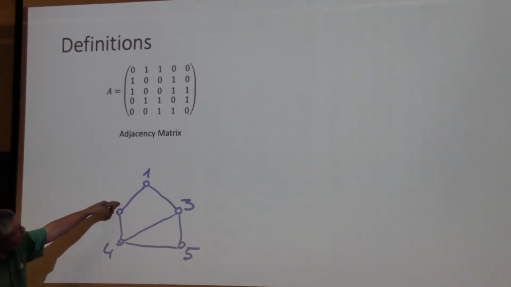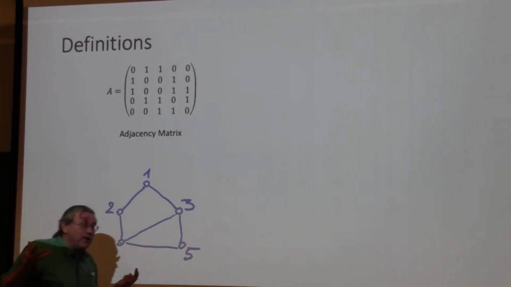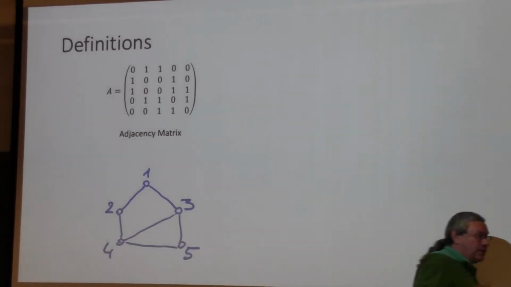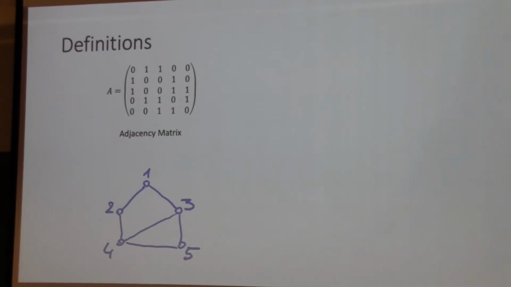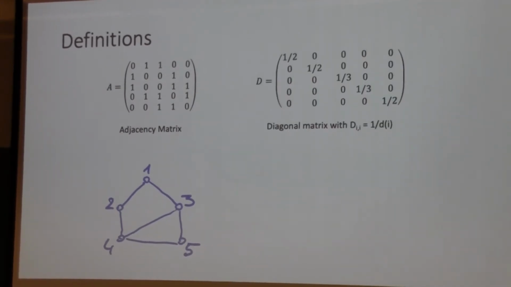If there's 5 nodes, this is 5 by 5, and each value is either going to be 0 or 1. Aij is 1 if there's an edge going from i to j. So it's very intuitive. Do you understand the adjacency matrix? This is the basic thing that we're going to use. Now we're going to do some computations.